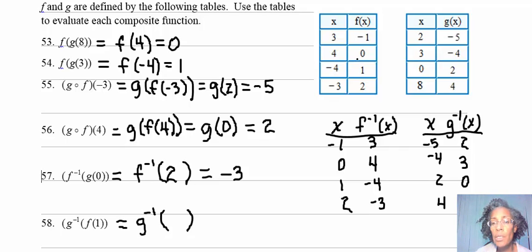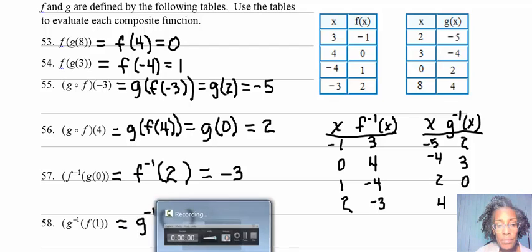So I go to the table that tells me about f, and I see that I actually can't calculate that, so I'm going to change this problem.